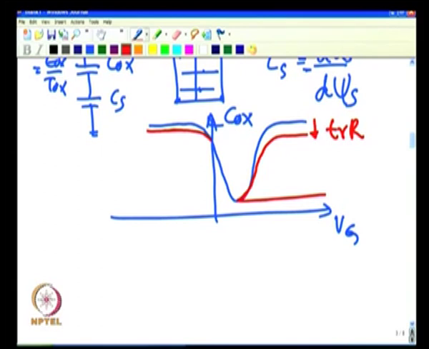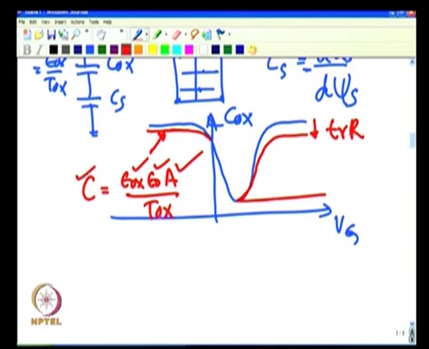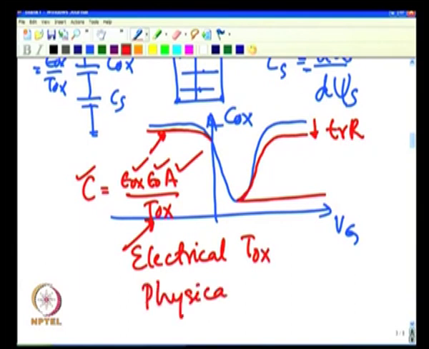What I mean by electrical oxide thickness is that I take this capacitance value, the accumulation capacitance, which is epsilon ox epsilon naught A by T ox, and I know what my A is, I know what epsilon ox and epsilon naught are, I have measured my C, and I calculate my C ox. This kind of oxide thickness calculation is what is called electrical T ox, as opposed to physical T ox.